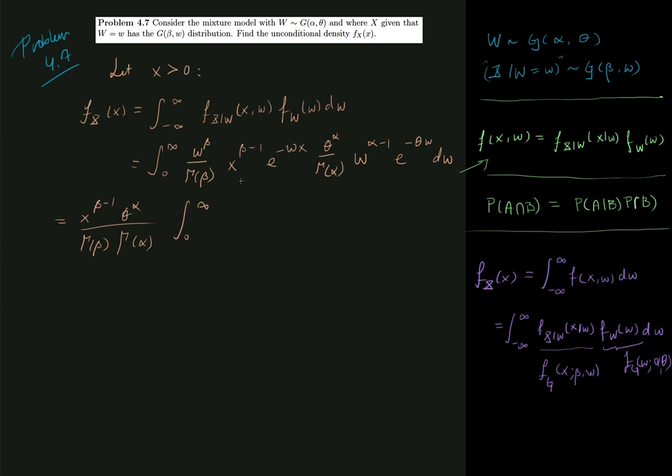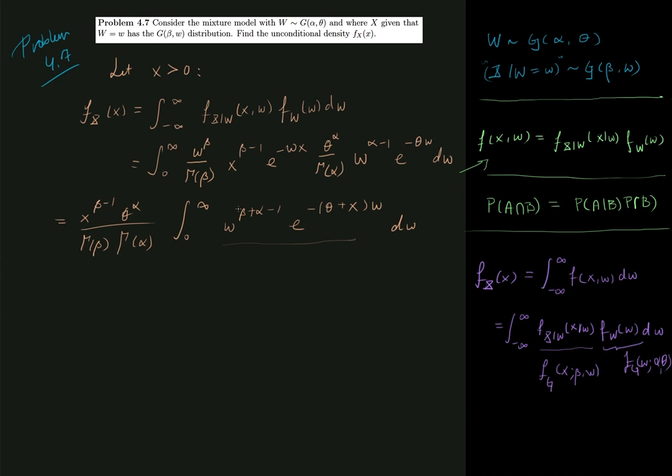Inside here we have the integral from 0 to infinity of w to the beta plus alpha minus 1 multiplied by e to the minus parenthesis theta plus x multiplied by w. So here inside this integral, I have something that I want to evaluate the integral of.